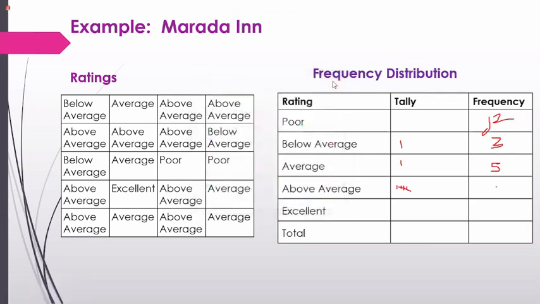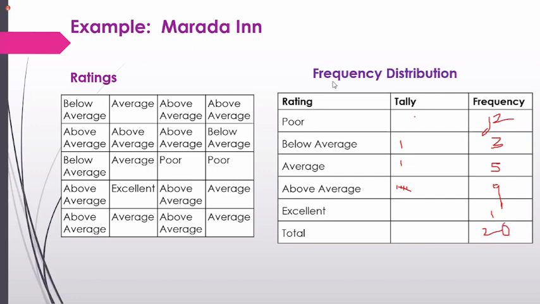And frequency for above average? 9. And for excellent? 1. So total? 20. Right. So this is the frequency distribution.